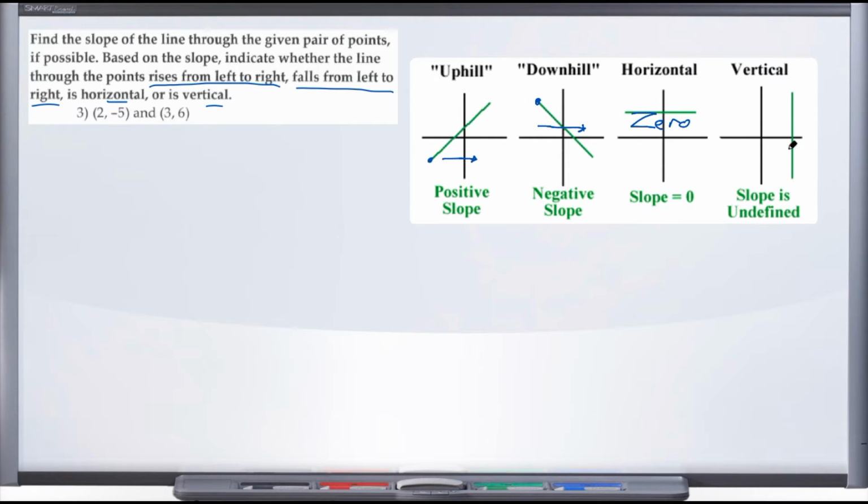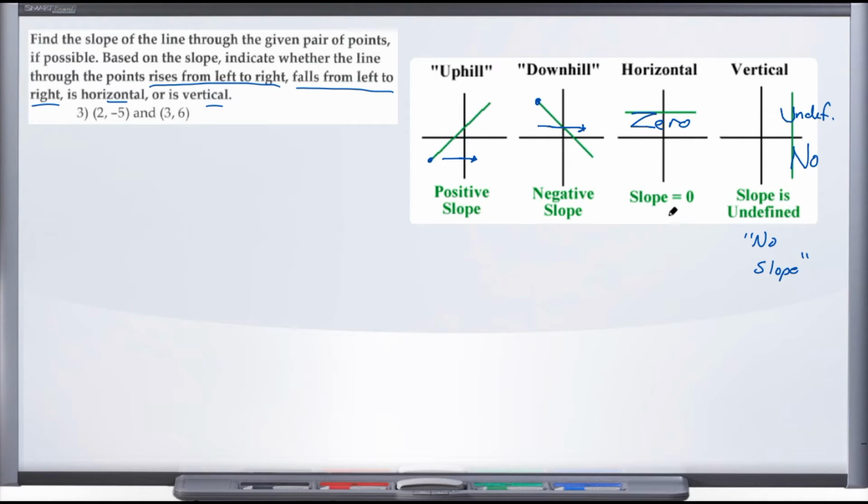An easy way to remember this is we can make a u out of a vertical line, so we can go u, n, d, e, f, undefined. Or sometimes you'll say that a vertical line has no slope. And again, you can create an n out of a vertical line, so n for no slope.